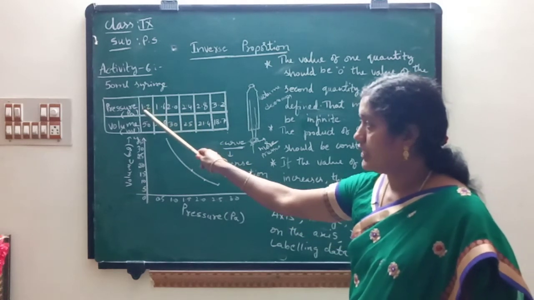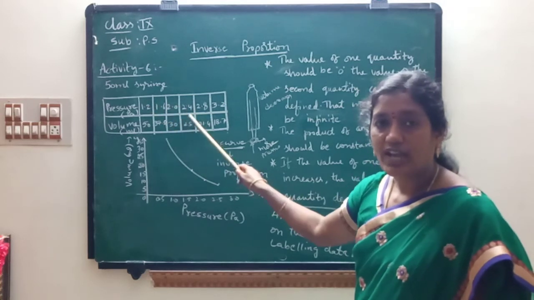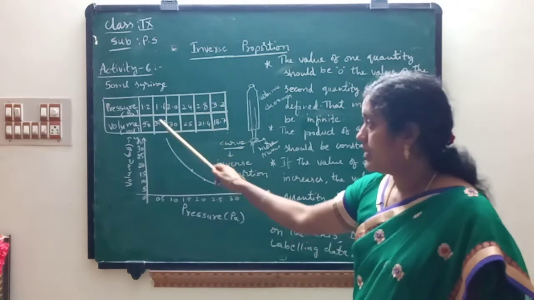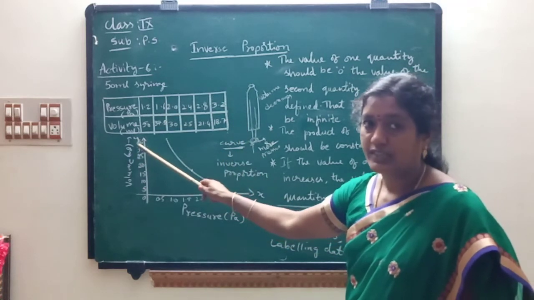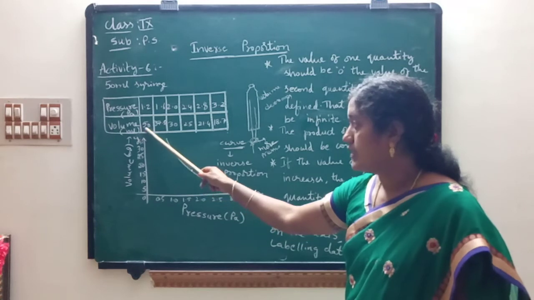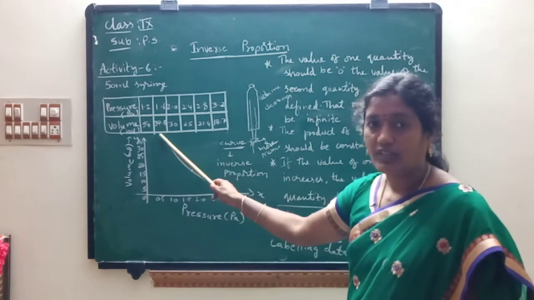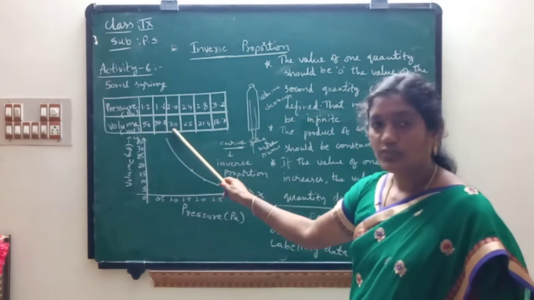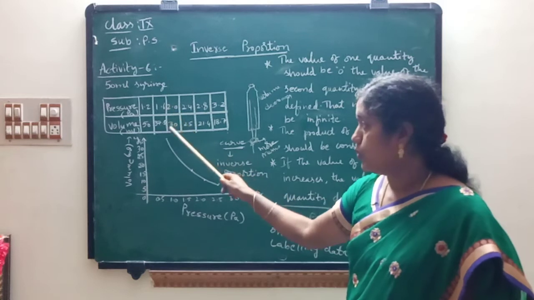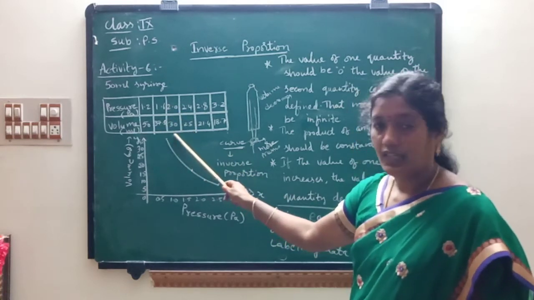So see, children, 1.2, 1.6, 2, 2.4, the pressure values are increasing. Now observe the changes in the volume measurements. 50, 37.5. So does the value increase or decrease? Decreases. From 37.5 to 30. When the pressure is 2 pascals, the volume occupied is 30 ml.